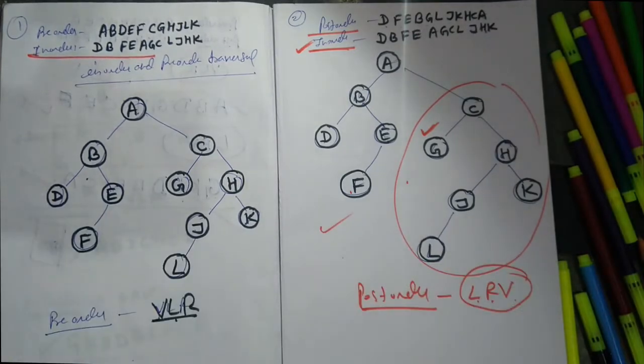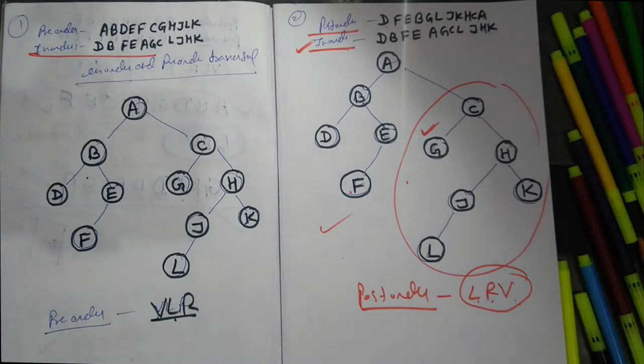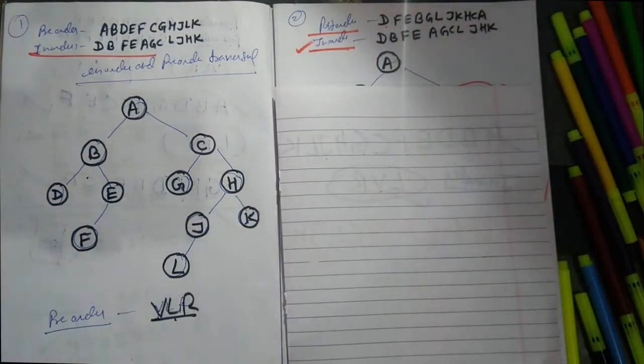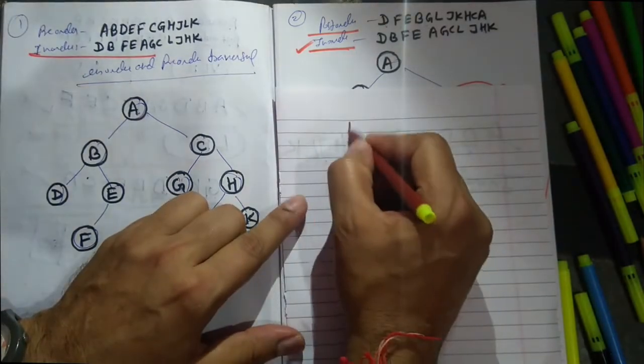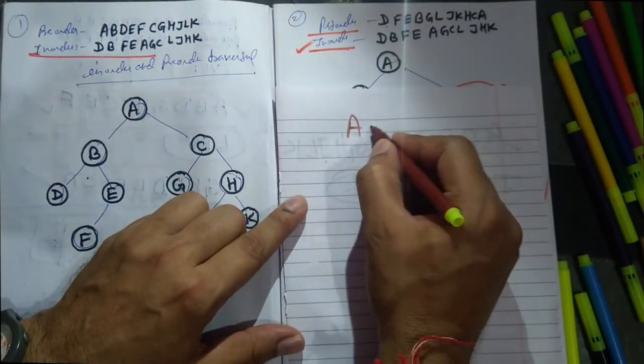What I asked you: we have written this tree, and what is the tree saying? Suppose your age, according to ASCII, is 65.